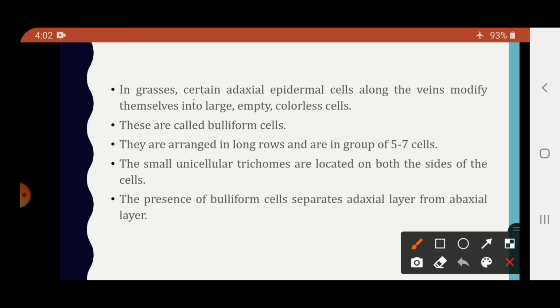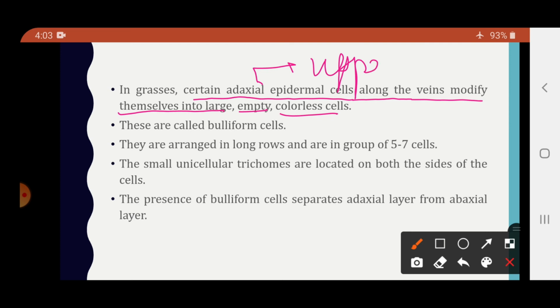So in grasses, certain adaxial epidermal cells along the veins modify themselves into large empty colorless cells. Listen very carefully. Grasses में क्या होता है कि certain epidermal cells of the upper epidermis, adaxial, that is upper, which are located along the vein, get modified into large empty colorless cells, and these cells are called the bulliform cells.